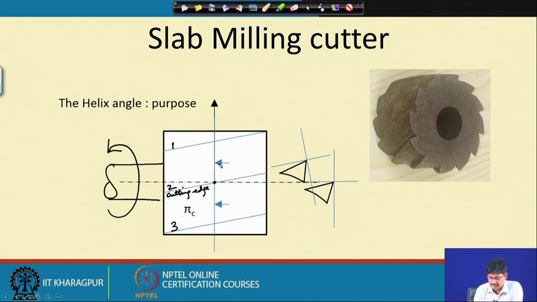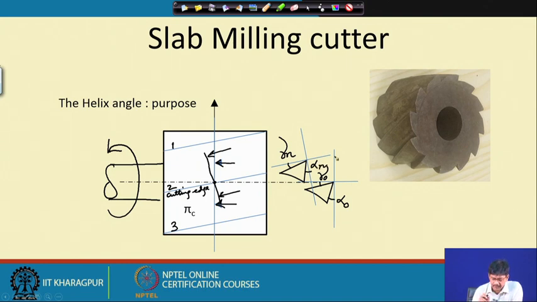So, if we take this particular section, we get this angle as the orthogonal rake and this one as the orthogonal clearance. But if we now observe that the cutting edge is inclined, and we take a section this way, we are going to get the normal section, and therefore, this one comes out to be normal rake and normal clearance.